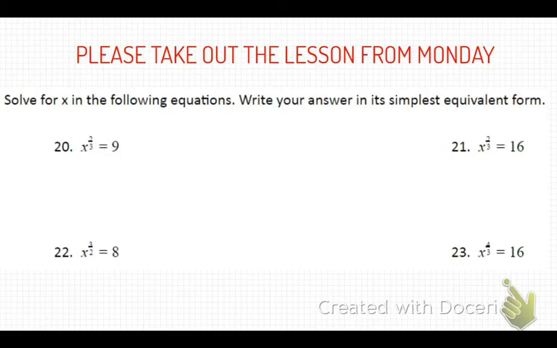Does that make sense? Yeah. I can write 9 as what to some power? 3 to the second. And we're going to put it to the lowest one. Because like for 16, I can write 16 as 4 squared, can't I? But I can also write 16 as 2 to the 4th. And I'm going to do it as 2 to the 4th because 2 is a smaller number, okay?